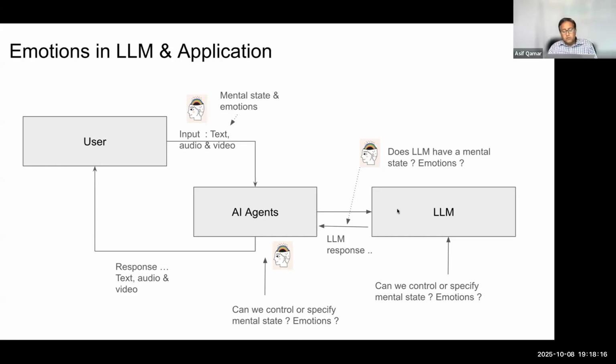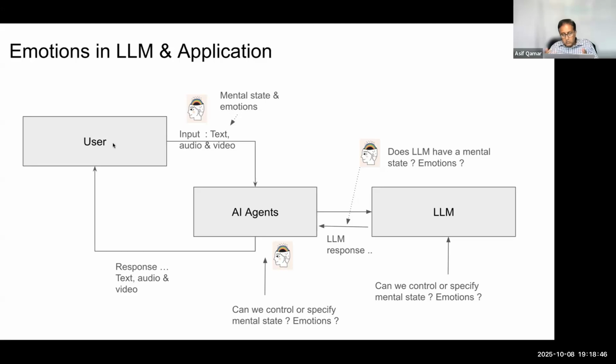Some of you may already know, even ChatGPT is not just an LLM. Behind the ChatGPT interaction, there is an agentic framework available and running. Similarly, with all the other open source LLM interfaces that we have, typically an agentic-like application is running. So you can visualize that the LLM together with AI agents is providing a response system to the user.